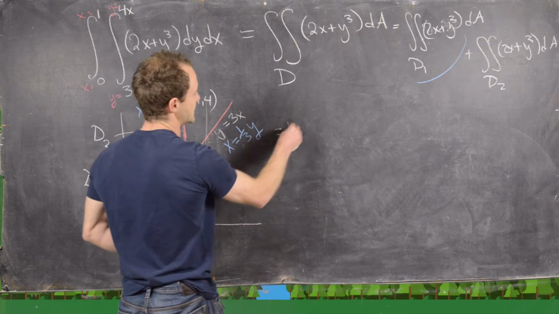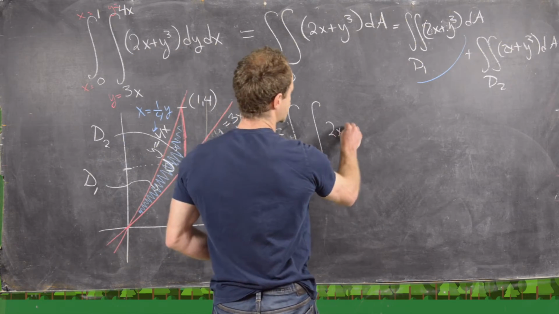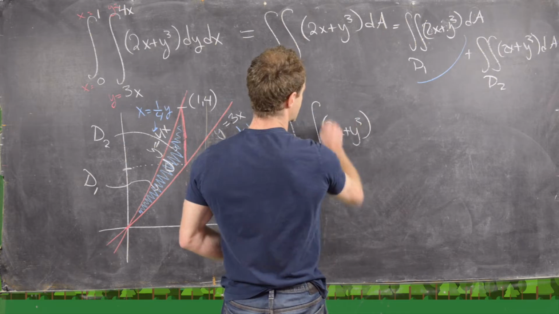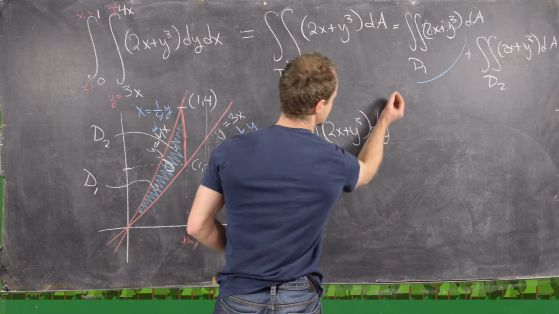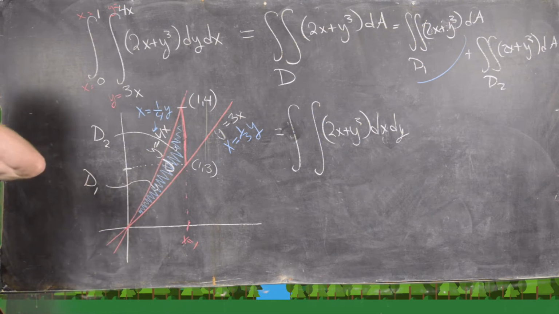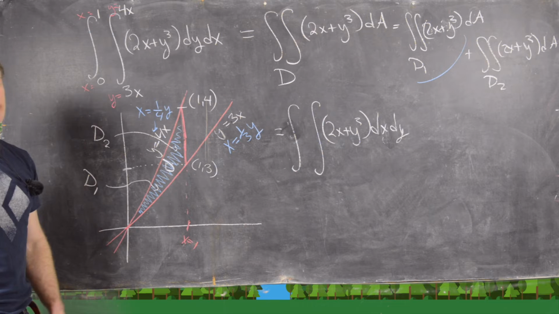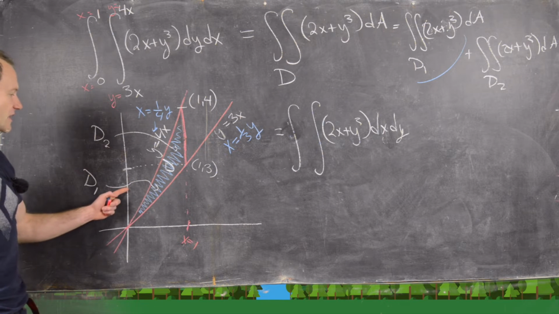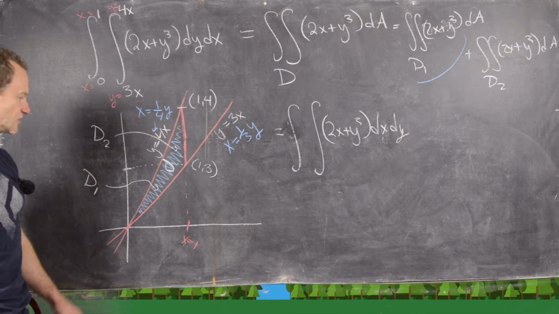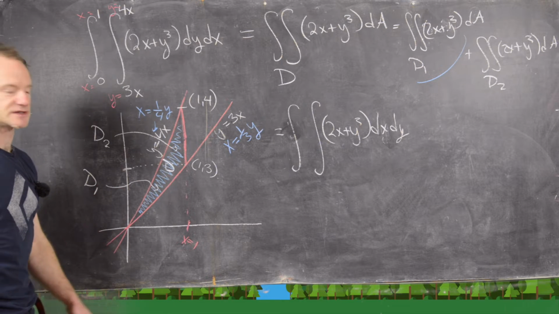So this is going to be equal to the iterated integral of 2x plus y cubed dx dy, because we're trying to change the bounds of integration. And now we want to go from the smallest x value to the largest x value. And that's down here in this D1 region. So the smallest x value is on the left and the largest x value is on the right.